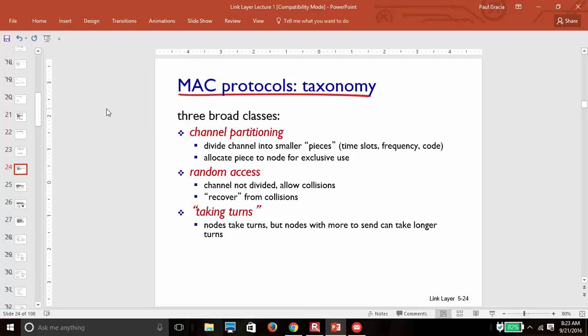And then finally you have the concept of taking turns, like with a token, where each node takes a turn, and nodes with more to send can take longer. But there are issues here as far as reliability. What if a node has a problem and doesn't give the next node a turn? So those are the basics, and we're going to talk about these in a little more detail.